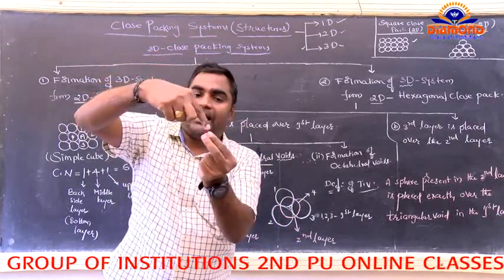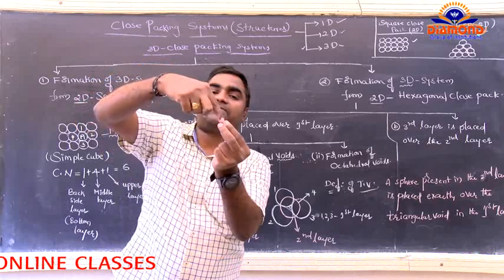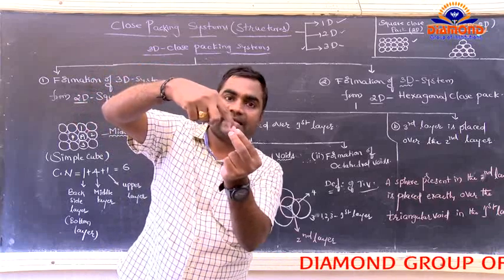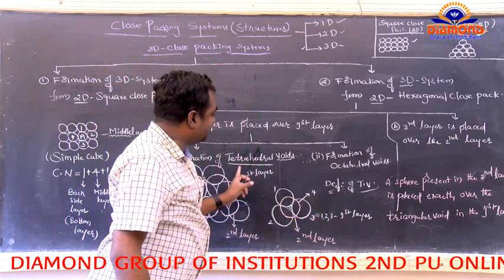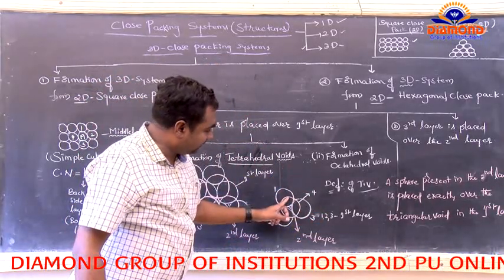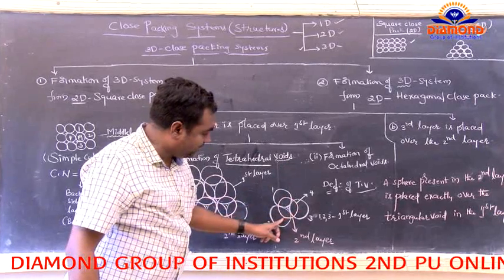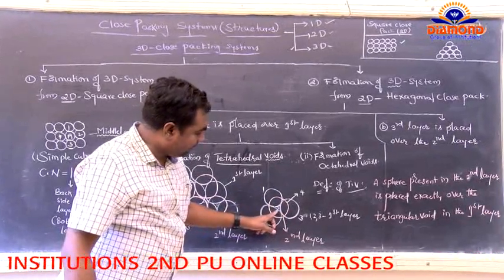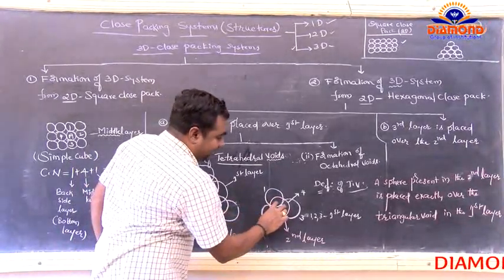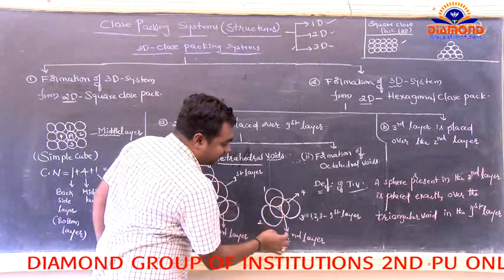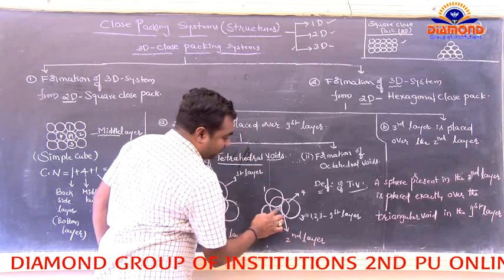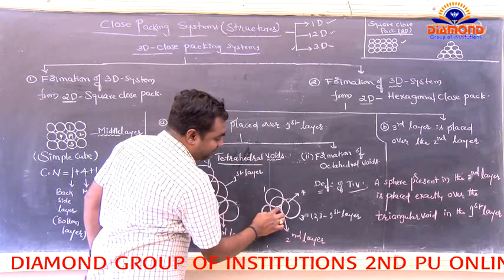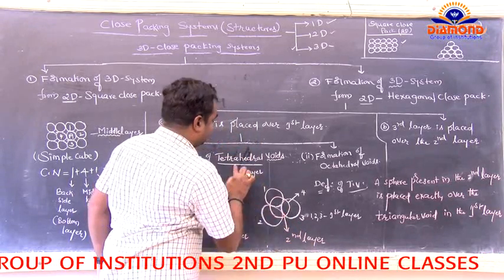Then by combining these four atoms we get an empty space, and that empty space belongs to the tetrahedral void. Over these three atoms we have the atom from the second layer, and we get the void. That empty space is called a tetrahedral void.